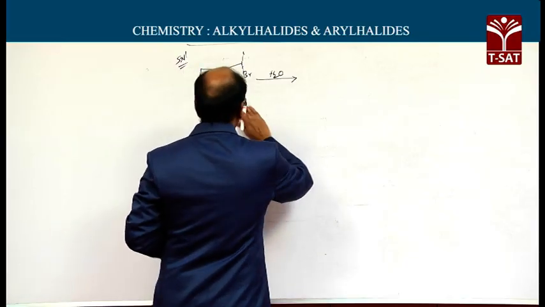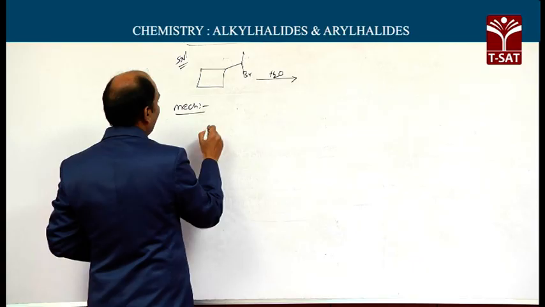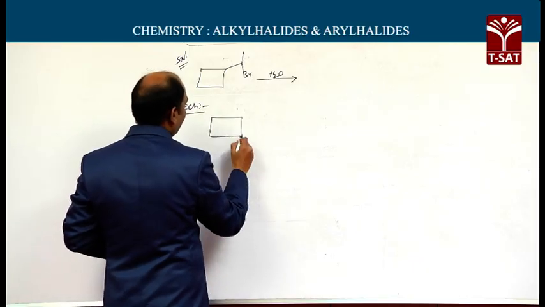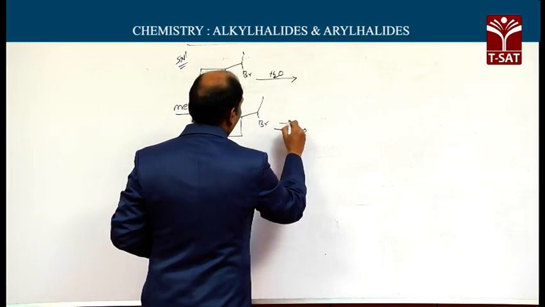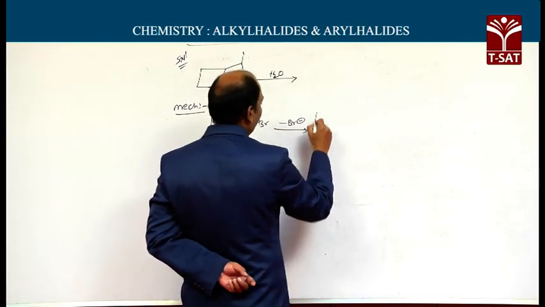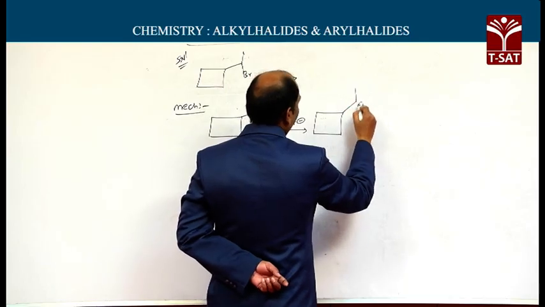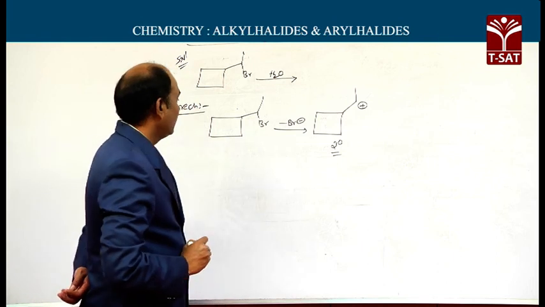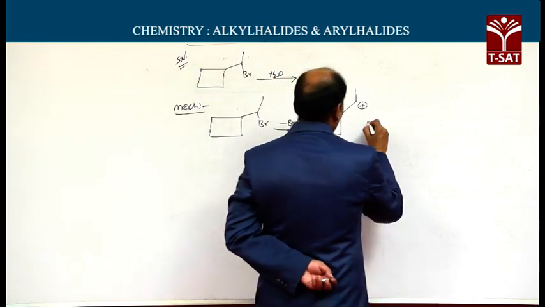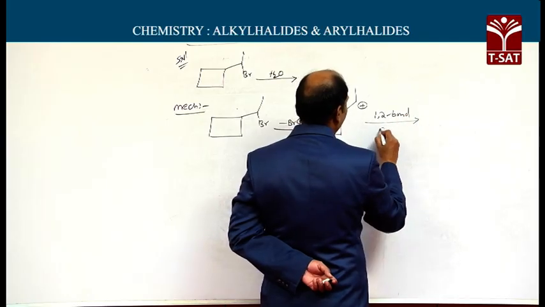In the SN1 reaction, what happens here in the mechanism? Loss of Br minus takes place. First of all, a carbocation intermediate is formed, a secondary carbocation intermediate. After the formation of the secondary carbocation, a 1,2 bond shift takes place.